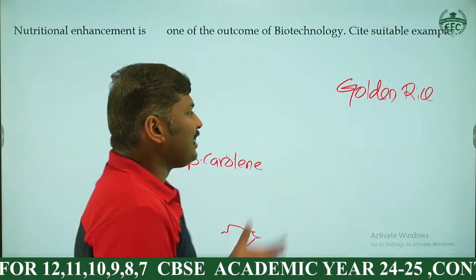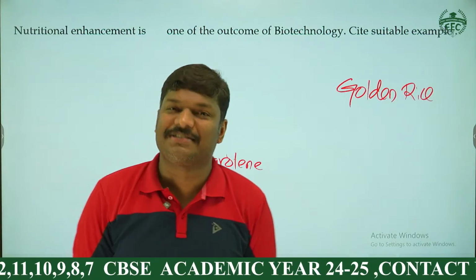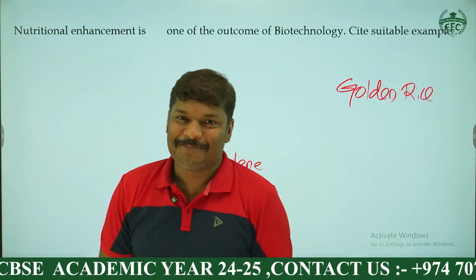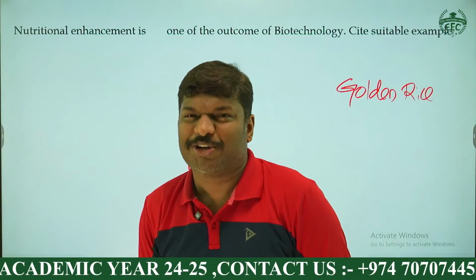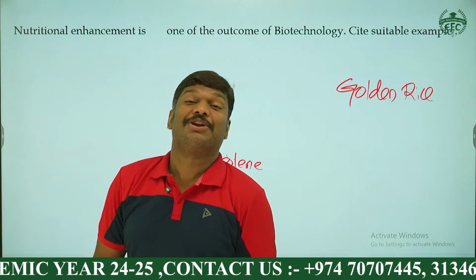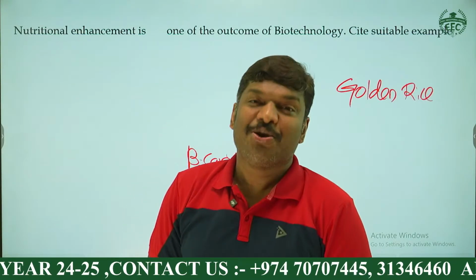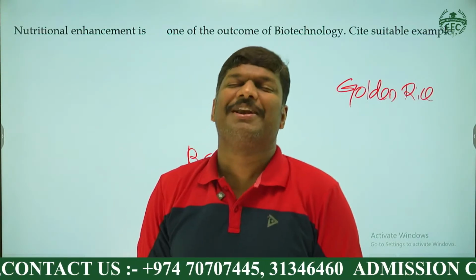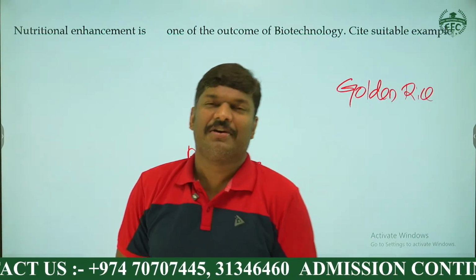So generally, when you are eating normal rice, you are getting only carbohydrates, right? But when you are taking golden rice, the biotechnological product, you get nutritional enhancement, an additional vitamin. What is the additional vitamin? That is nothing but vitamin A, which is good for your vision.